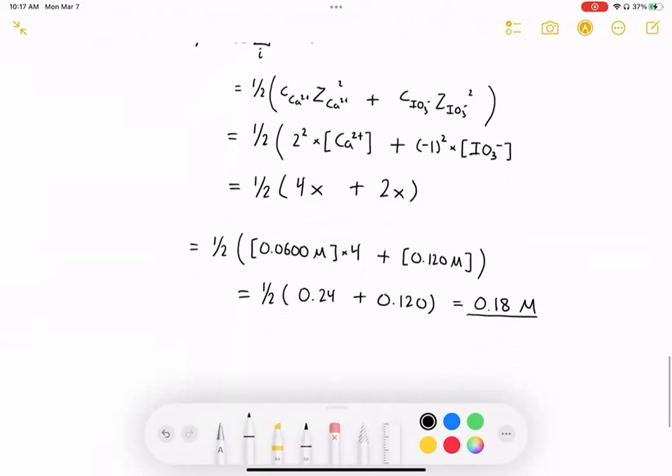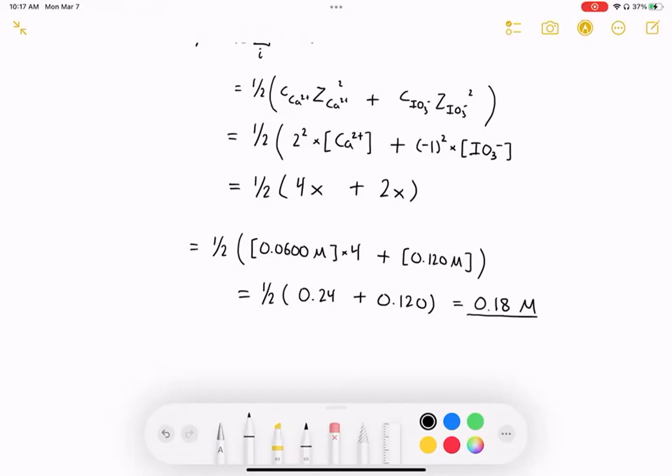Okay, so now we just plug in for x, and we should get the same value for our ionic strength. We get 6 times 0.00600 times 0.5018. That is interesting.